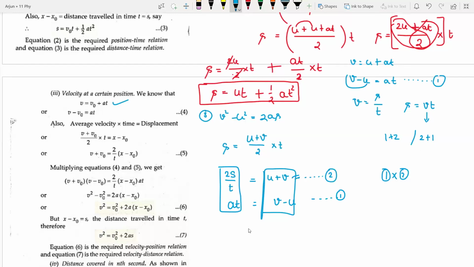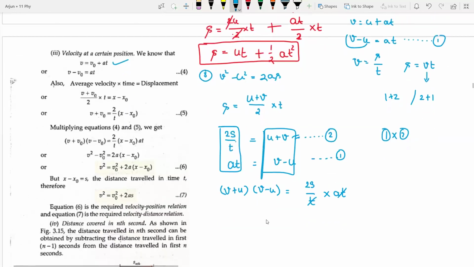So this can be written as v plus u multiplied with v minus u, which is nothing but 2s by t into at. Now t gets cancelled. Here it is in the form v plus u into v minus u, that is a plus b into a minus b, nothing but a square minus b square.